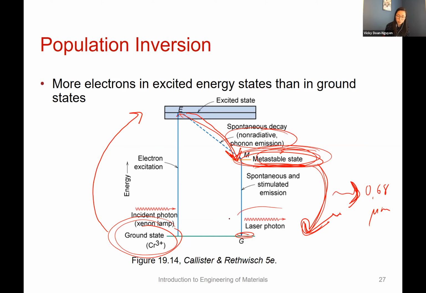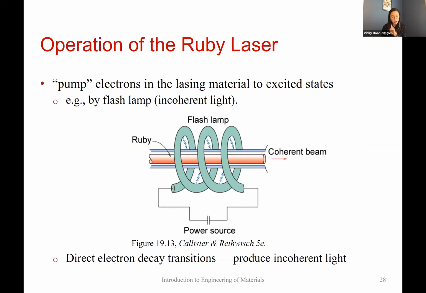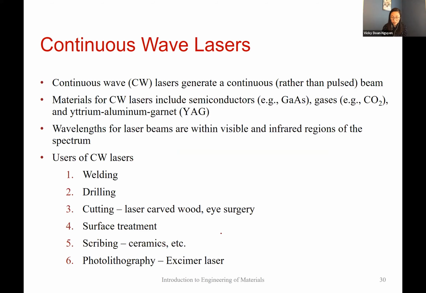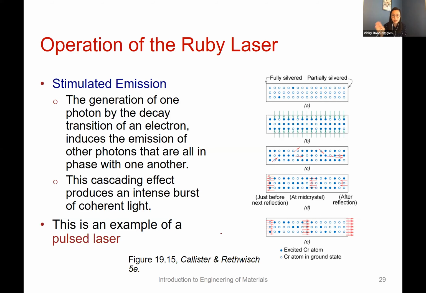Now the important part is, how do the emitted photons self-organize? Well, you can create a coherent emission by basically engineering your laser so that one side is highly reflective.